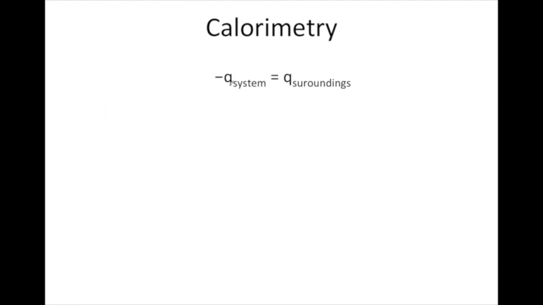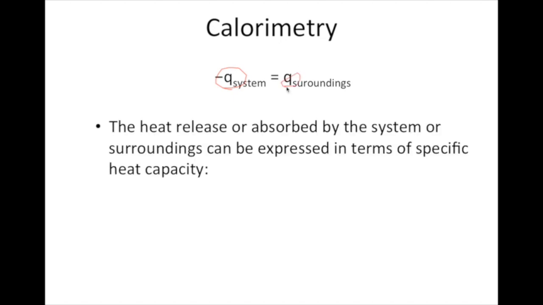So in an equation like this, how do we mathematically calculate Q, either Q of the system or Q of the surroundings? Well, the heat released or absorbed by the system or surroundings can be expressed in terms of specific heat capacity. So we can calculate Q if we know the specific heat of the substance, the mass of the substance, and the change in temp.